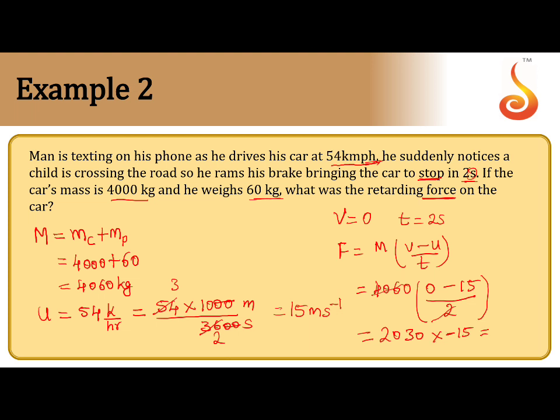This will be equal to minus 30450 Newton. The negative sign indicates the force is retarding. It is reducing the speed of the body. It is providing deceleration to the body.